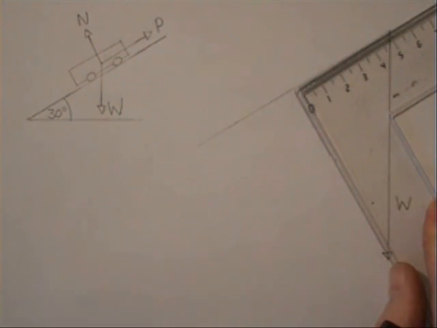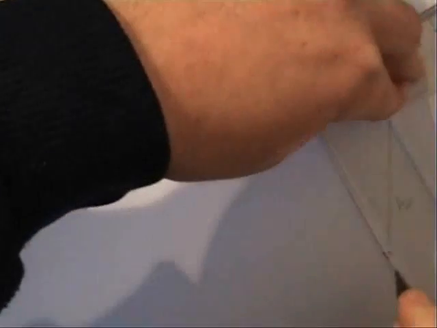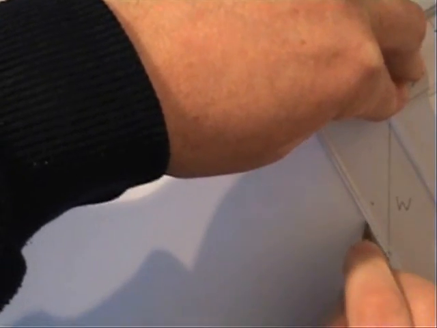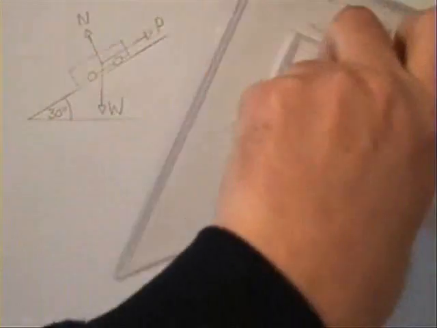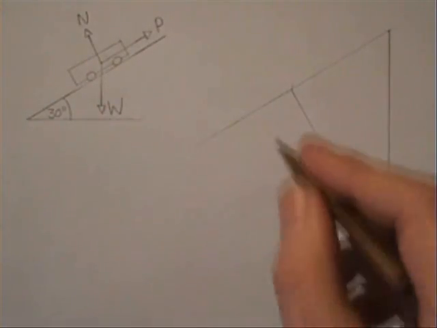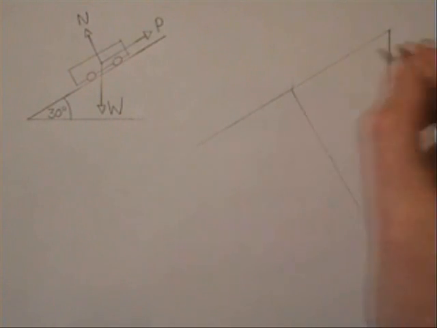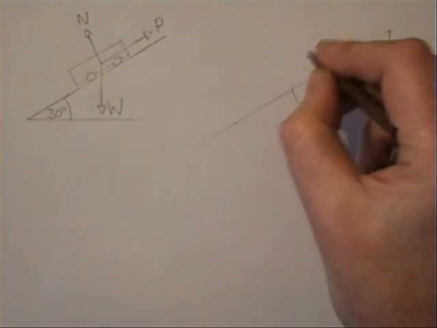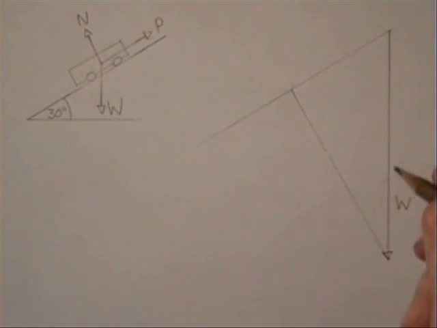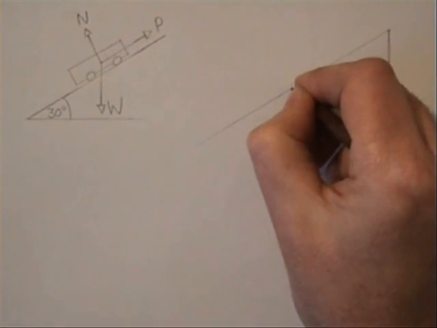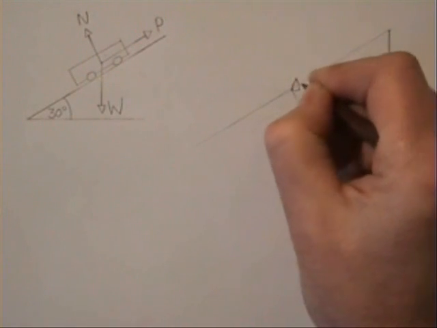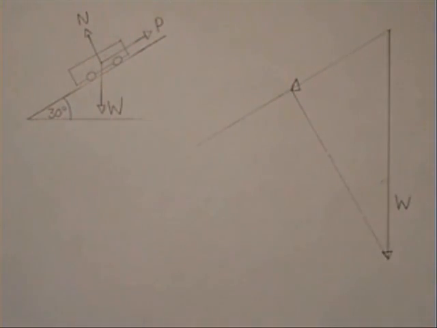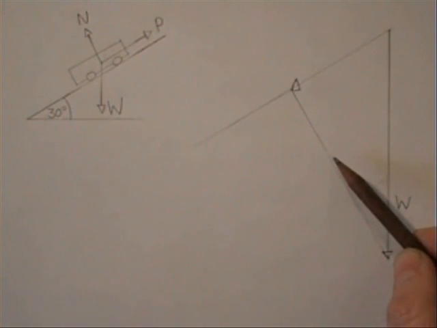To find the component parallel to the slope, I need to draw in this line to complete the triangle. And this side of the triangle is then the component of W which acts parallel to the slope. And of course it will be acting down the slope. This side of the triangle must represent the component of the weight which acts at right angles to the slope.